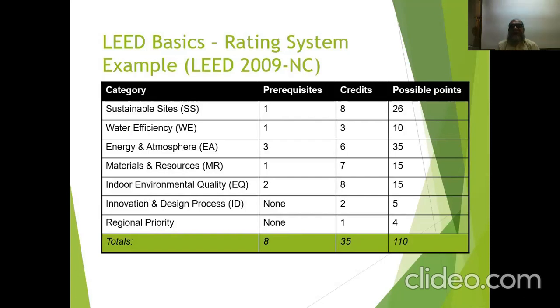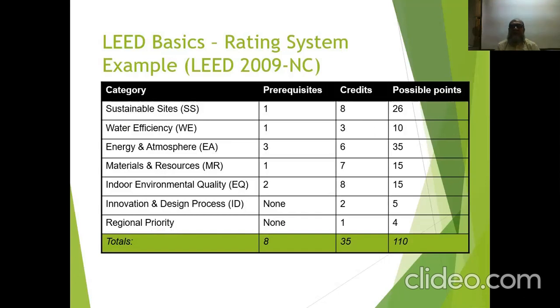Water efficiency has 1 prerequisite, 3 credits, and 10 points. Energy and atmosphere has 3 prerequisites, 6 credits, and 35 possible points. Materials and resources has 1 prerequisite, 7 credits, and 15 points. Indoor environmental quality has 2 prerequisites, 8 credits, and 15 points.